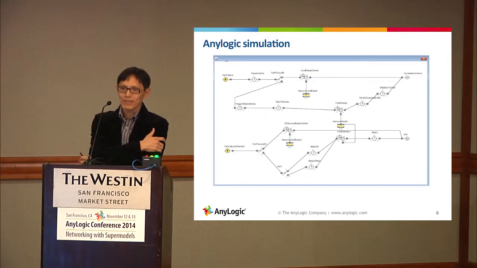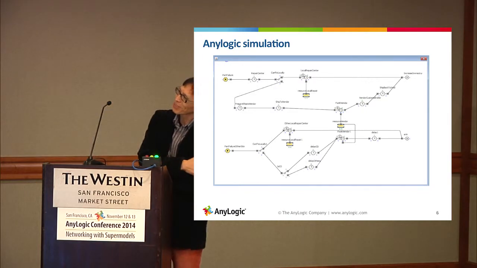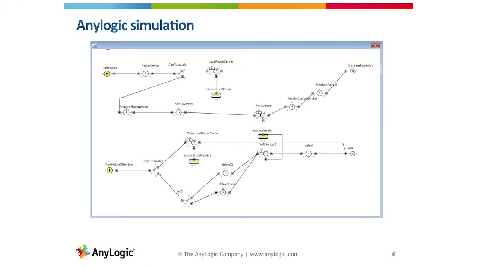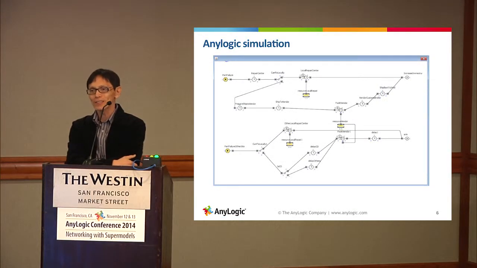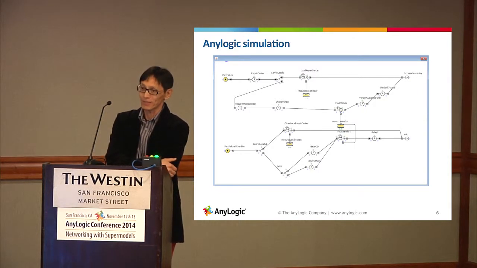So next, I'm going to show you the simulation model. This is a very simple model here, and it exactly simulates the repair loop I just showed before. If a part fails, you decide whether it has to be fixed locally or go to the vendor's repair center.